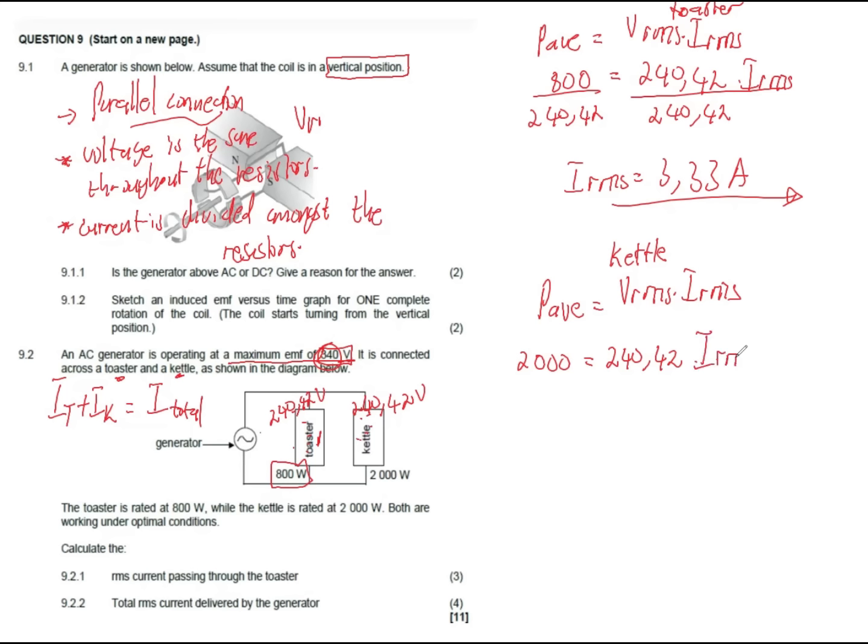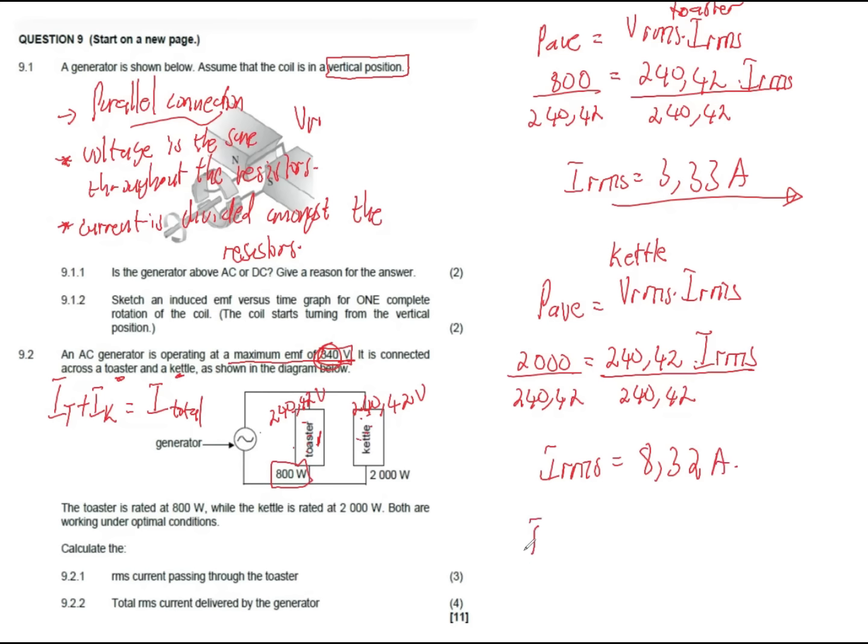Then IRMS, then divide both sides by this 240.42. Then IRMS becomes what? So let's check 2000 divided by 240.42. Then we have 8.32 rounded off to 2 decimal places.